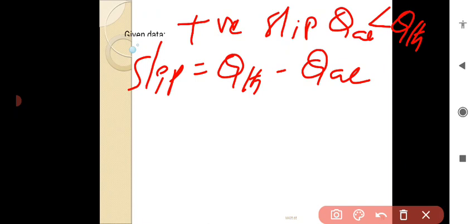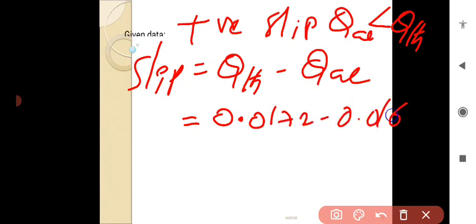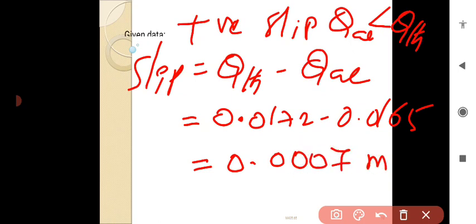So the slip is equal to theoretical discharge minus actual discharge, that is 0.0172 minus 0.0165. If you calculate it, you will get the slip, which is equal to 0.0007 meter cube per second. This is the slip.